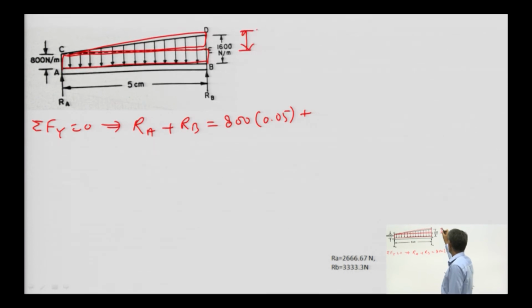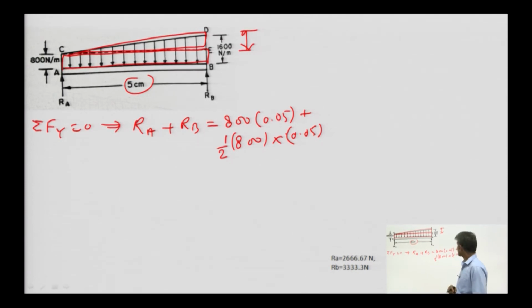This distance is again 800, since this is the triangular, so 800 into this one into 0.05, because it is in centimeter and intensity is in Newton per meter. That is why I have taken it. So, the values of RA and RB can be calculated.